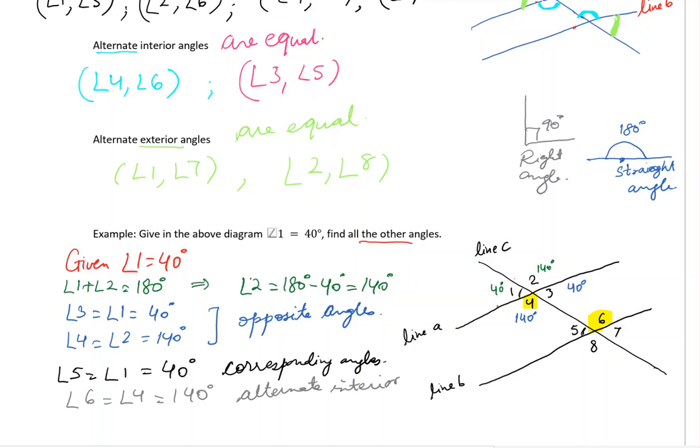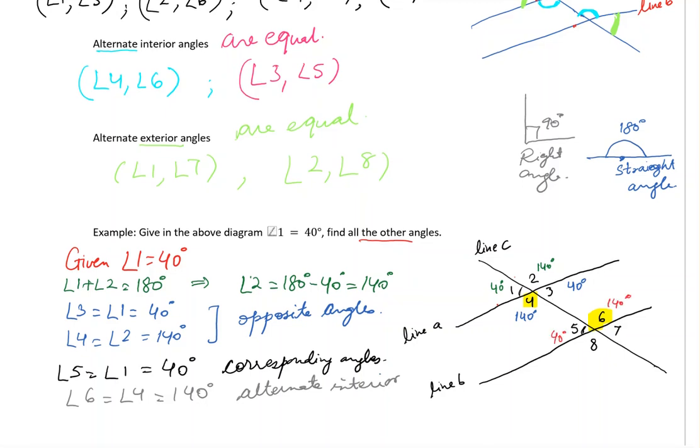And now we have the values of angle 5 and angle 6. So angle 7 and angle 8 are easier to find now because we can clearly see that angle 7 is going to be the same as angle 5, which is equal to 40 degrees.